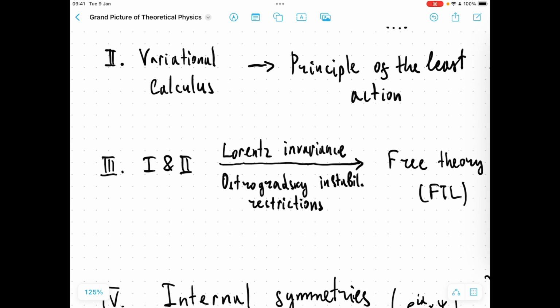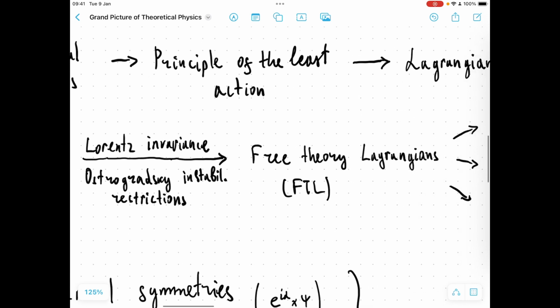Of course, there is some magic happening here, and I bet that Chris won't like that magic because it looks like voodoo. But to sum it up quickly, it considers just two main ideas. We need our Lagrangians, or Lagrangian densities, to be Lorentz invariant, and we need to avoid Ostrogradsky instabilities. These two restrictions give us the free theory Lagrangians.